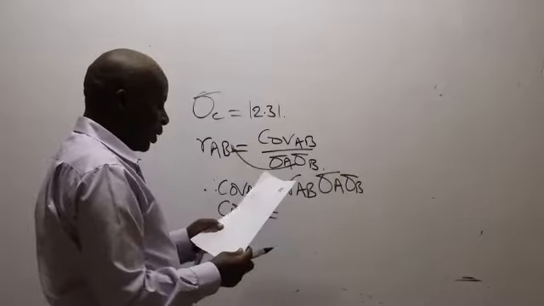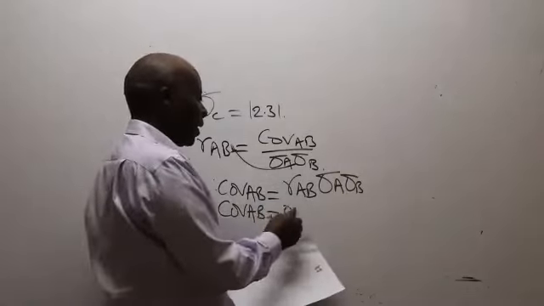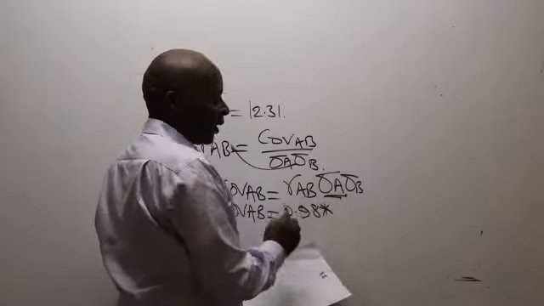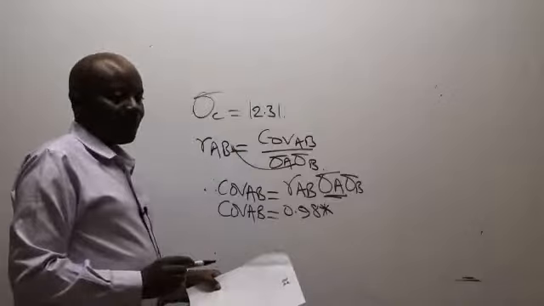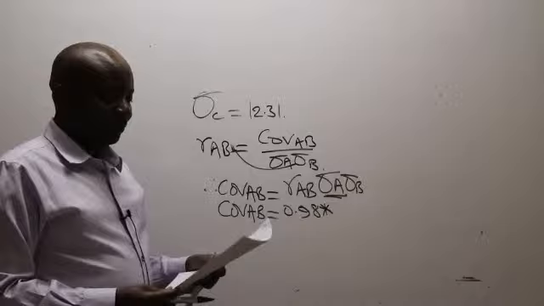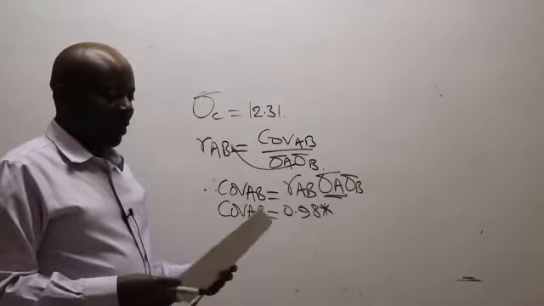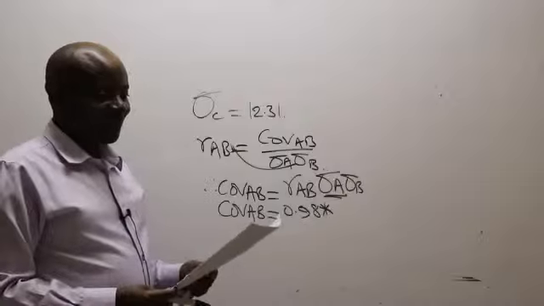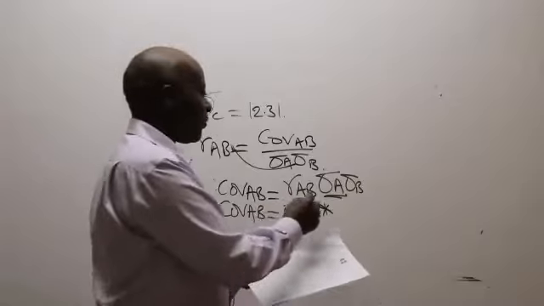So for the covariance between AB, I can see the correlation is 0.98. Do you guys remember the standard deviation of A? 9.35. Thank you very much.